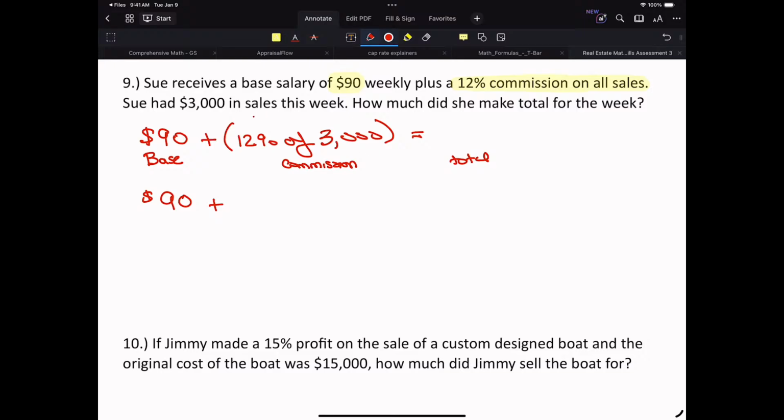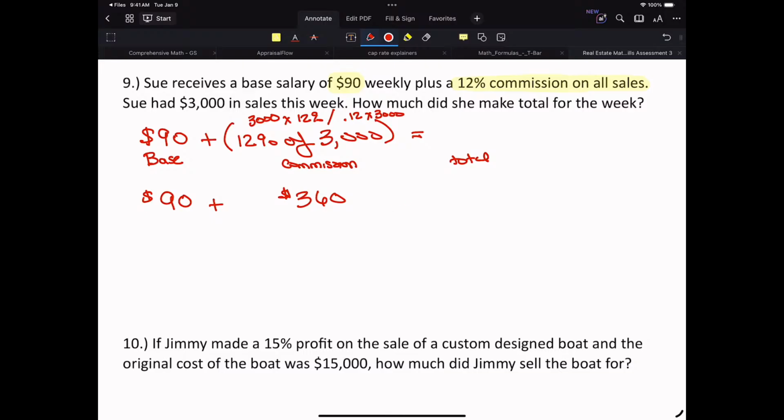So what we're going to do is $3,000 times 12%, which, by the way, you could put 0.12 times 3,000 in your calculator and get the same thing. So when I do 3,000 times 12%, I get $360.